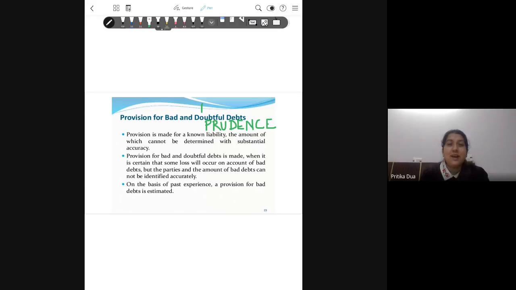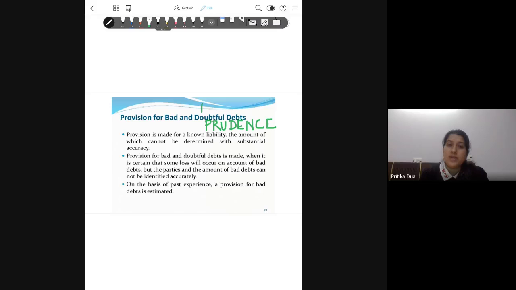So it is the conservative principle or the prudence principle according to which every business will make a separate provision for some anticipated loss in the coming year.